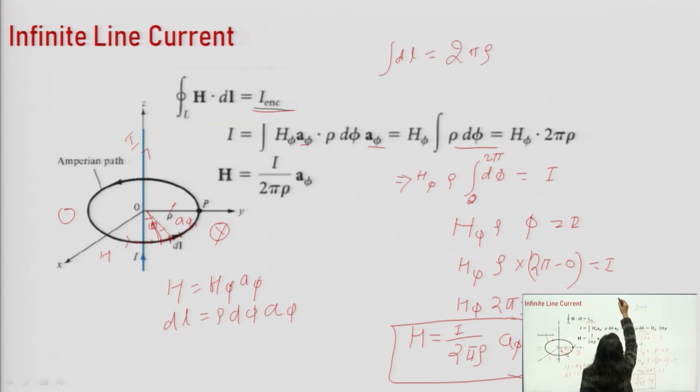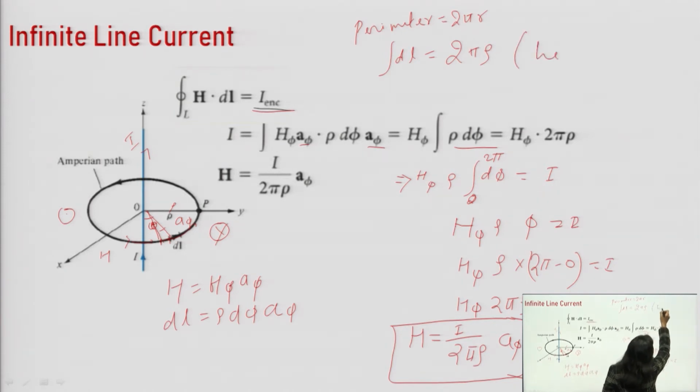We know that the perimeter is nothing but 2 pi r. Here r is equal to rho.